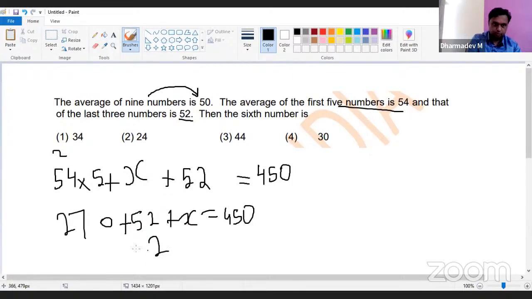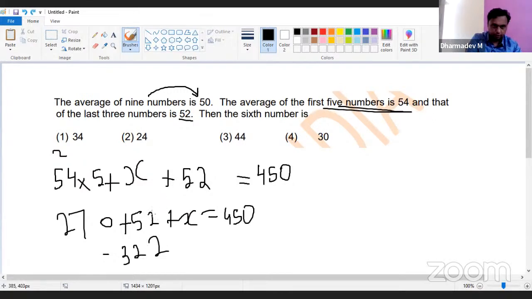The average of the first 5 numbers is 54 and that of the last 3 numbers is 52, so times 3.